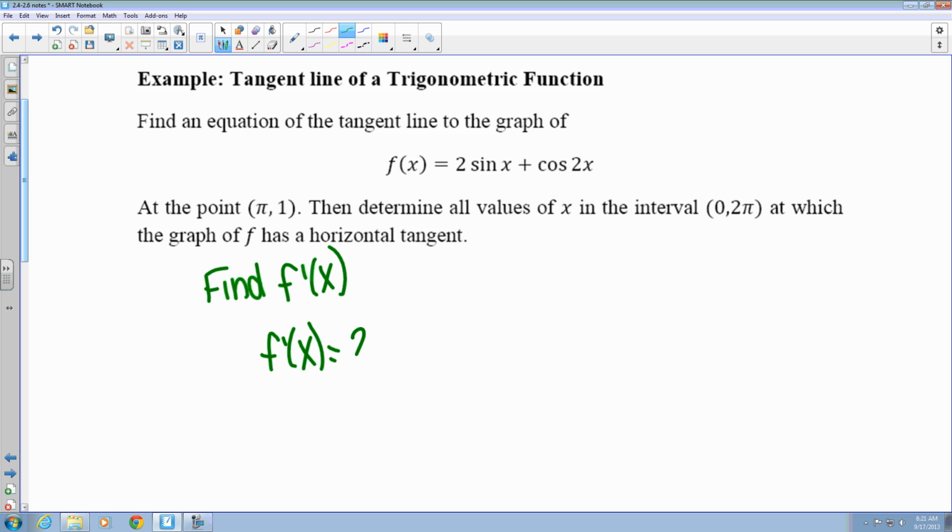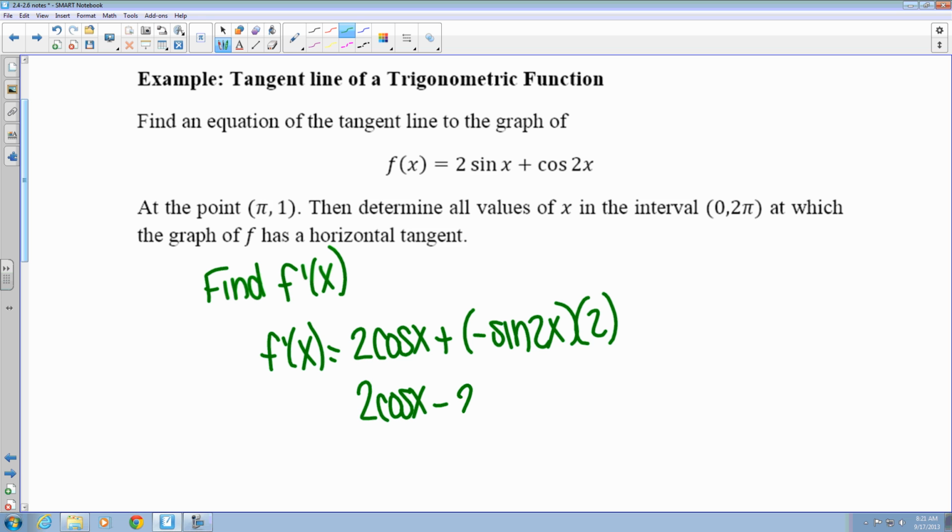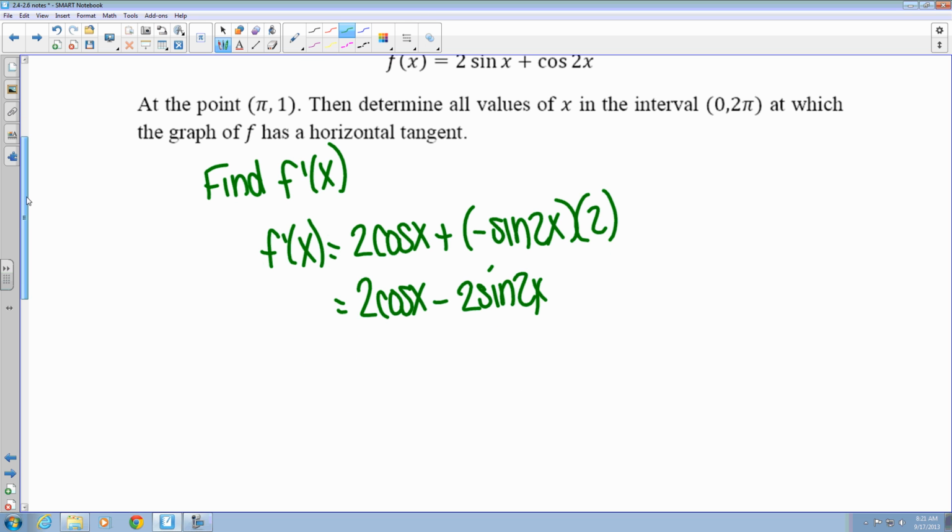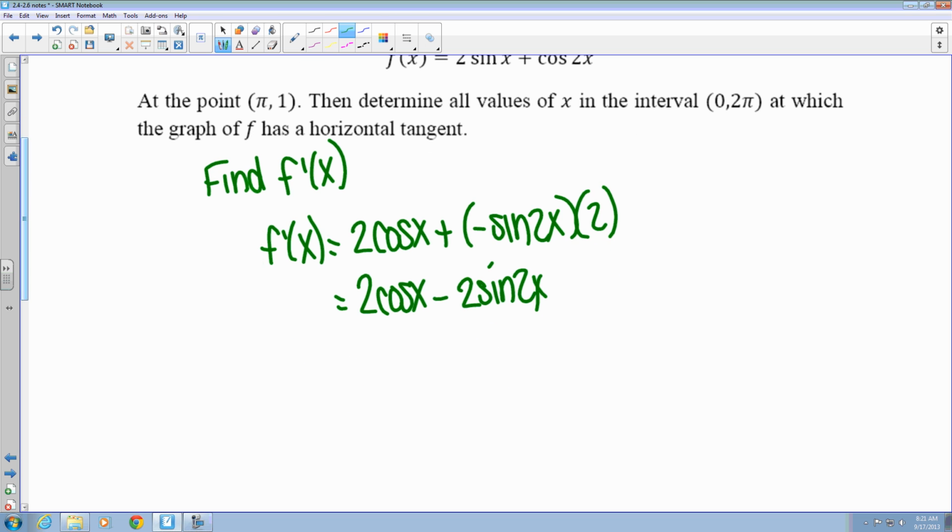So take the derivative of f: 2 cosine x plus negative sine 2x times 2, that's the chain rule. And we want to know what the equation of the tangent line is at pi, 1.